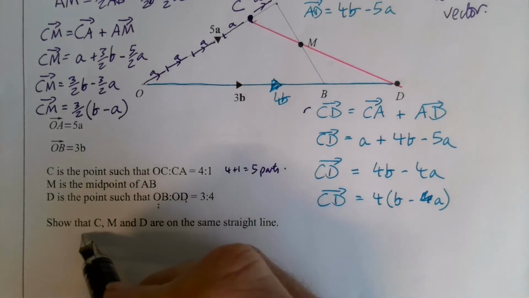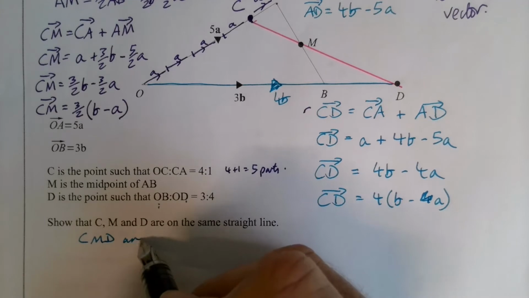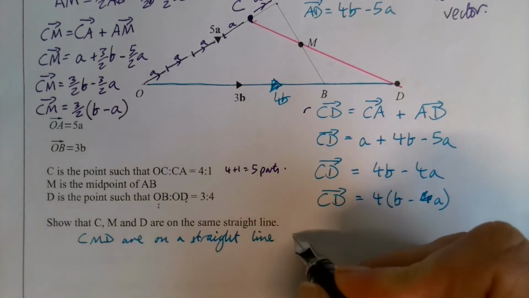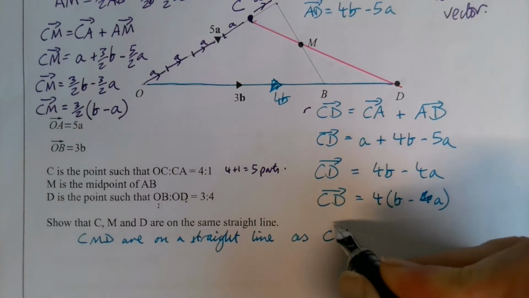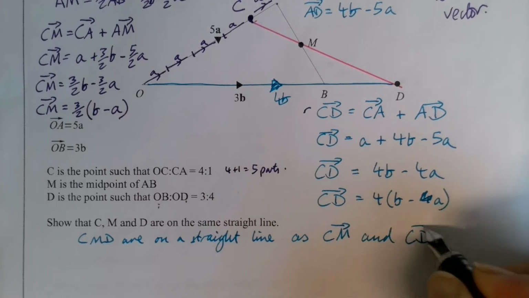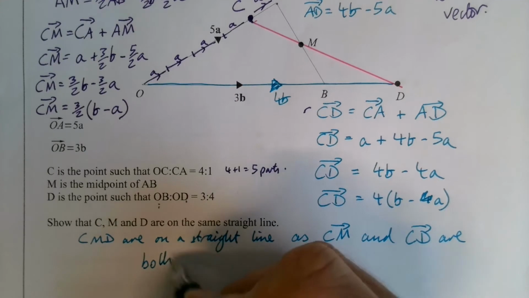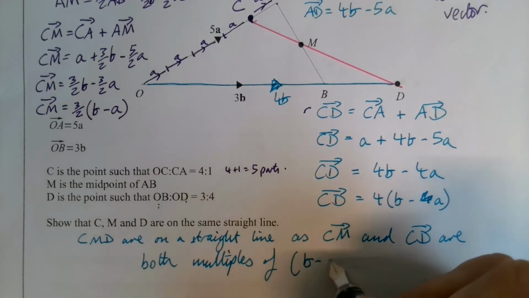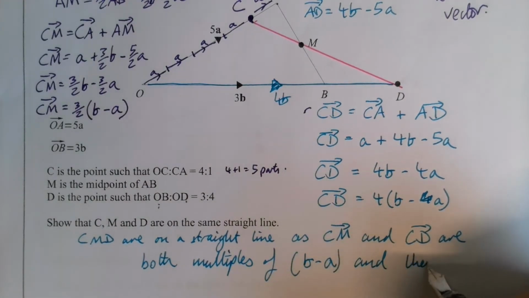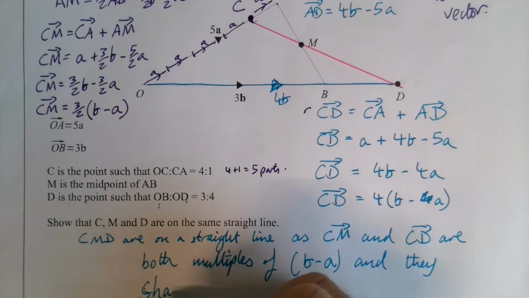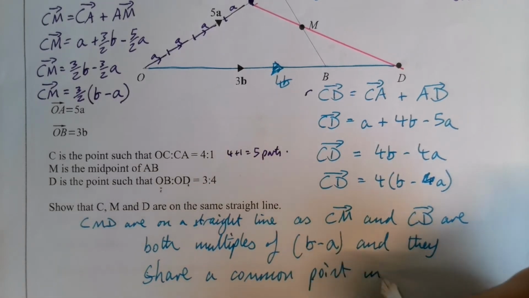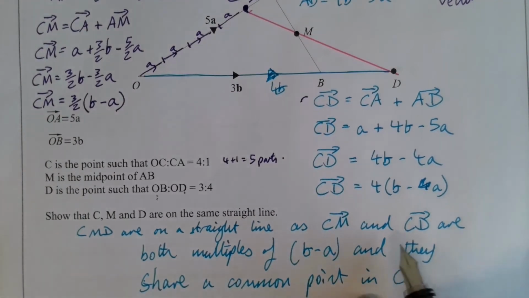Say CMD are on a straight line as C to M and CD are both multiples of B minus A, and they share a common point in C. So what that's saying is, if they're both multiples of B minus A, that proves that they are parallel.